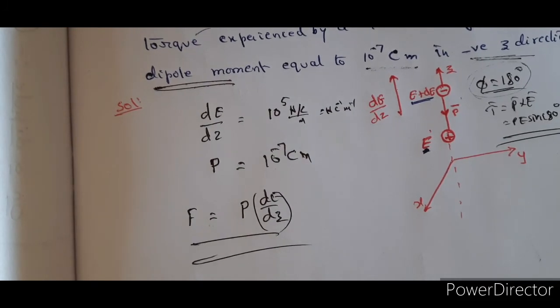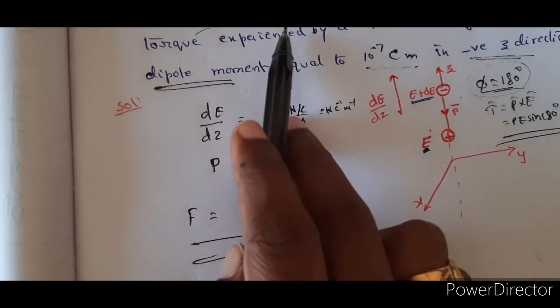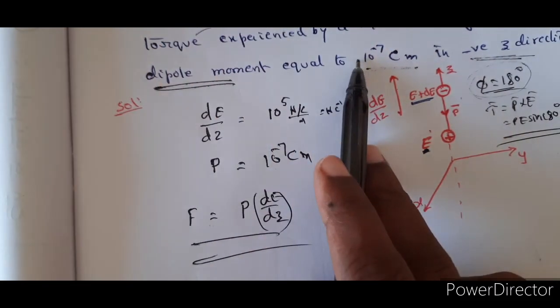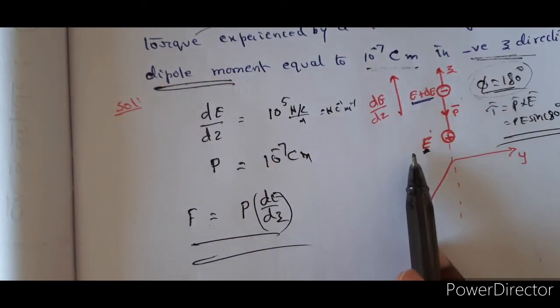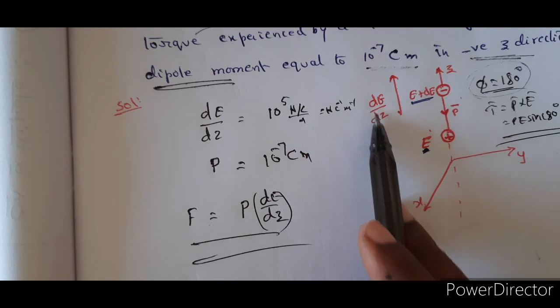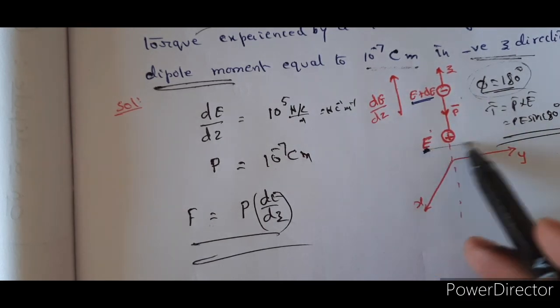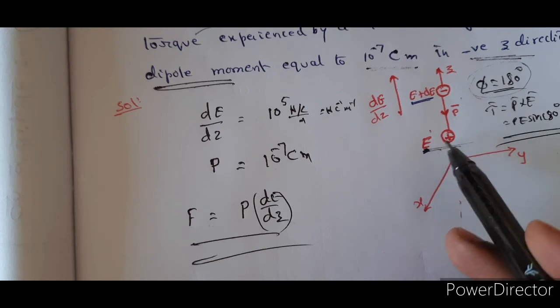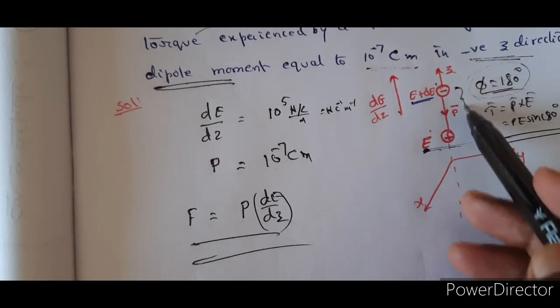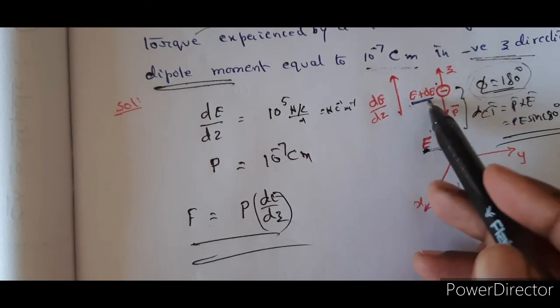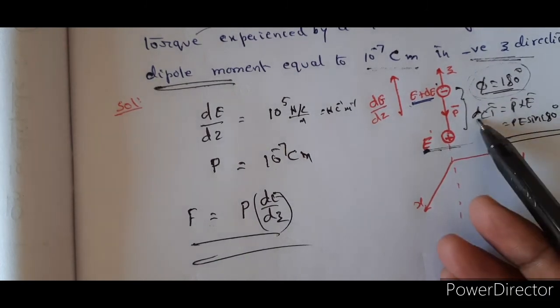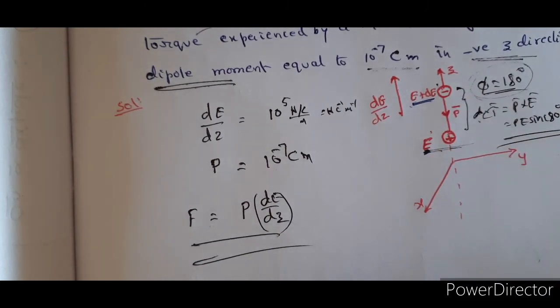Now you see what is happening. From the diagram you can draw it: P is in this direction, dE by dz in this direction. If the electric field strength is E here, then by dz distance it should be E plus dE, so you can find the net force.